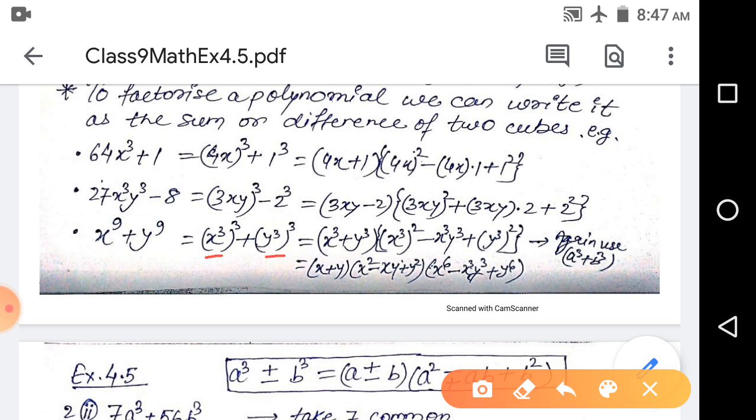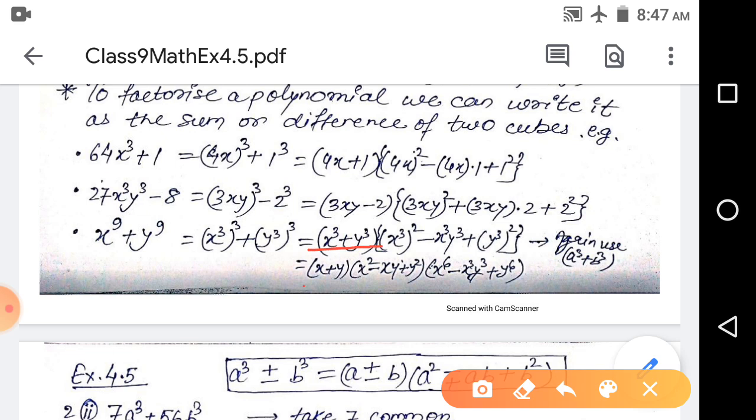Okay, now the formula is a plus b, so in the place of a it is x cube and in the place of b it is y cube, so a plus b is written here, and this is a square, that means x cube square, a into b, x cube into y cube, and b square, that is y cube whole square. Again we use the cube formula, because here we have x cube plus y cube, so we can use the formula here also.